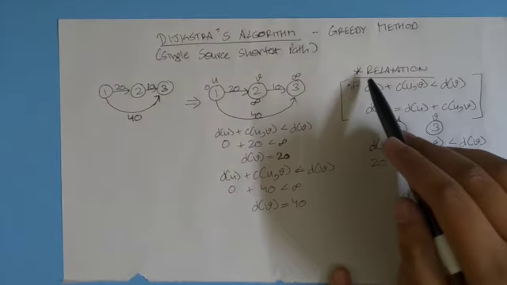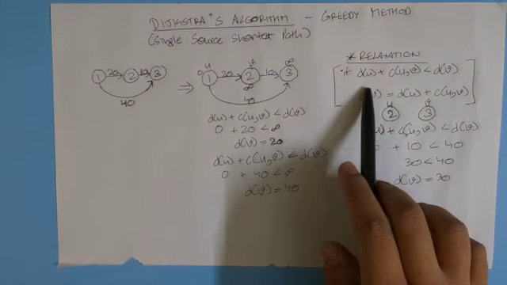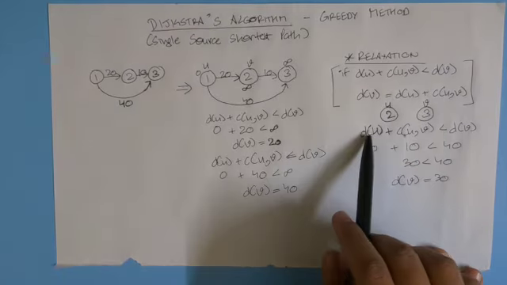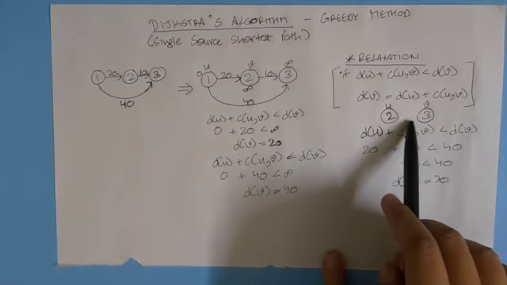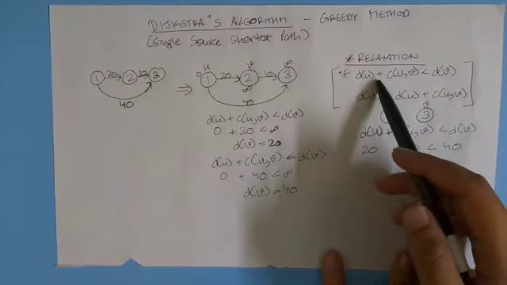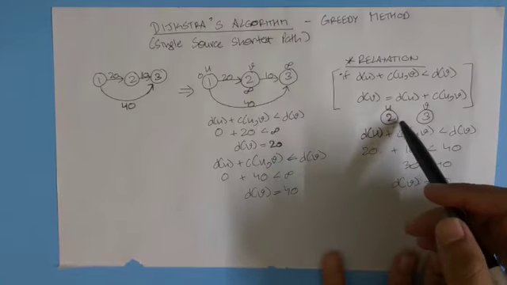Dijkstra's algorithm has a basic relaxation condition, that is, if du plus cuv is less than dv, then the value of dv becomes du plus cuv. That is basically the sum of the above two. The above condition becomes the value of the dv.